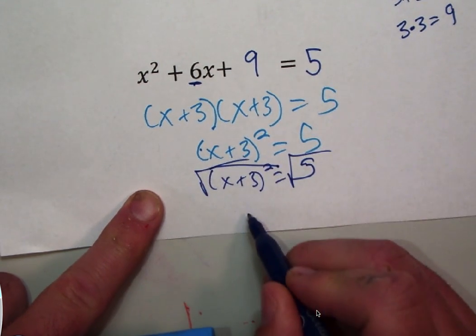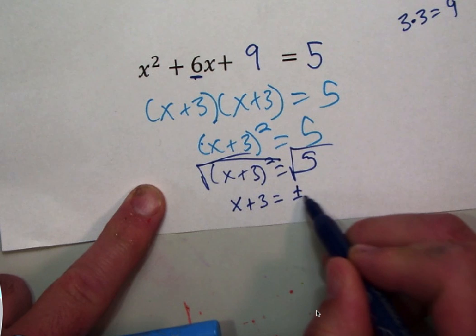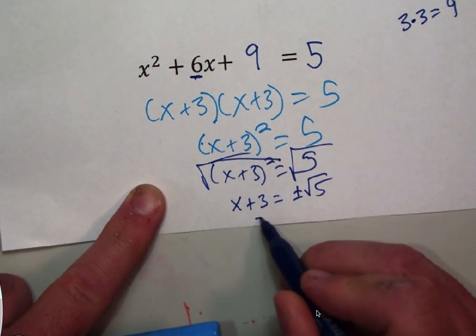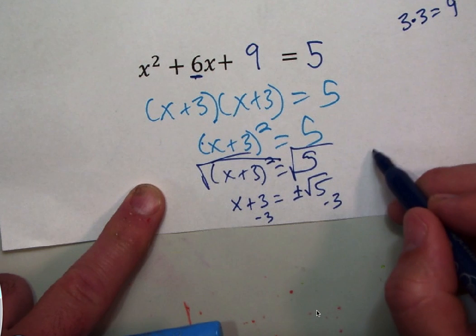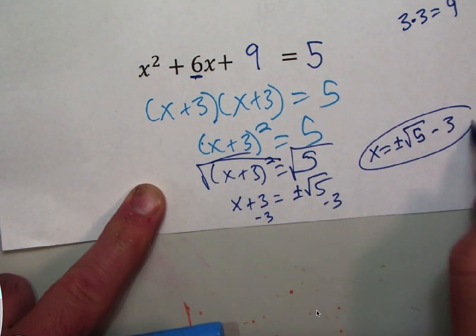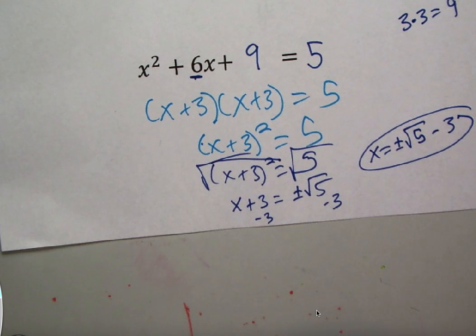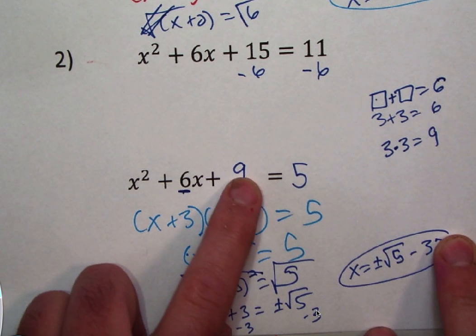Now we can write this as x plus 3 equals positive or negative square root of 5. And then take away 3 from both sides. So we get x equals positive or negative square root of 5 minus 3. Completed the square. So our big key is figuring out the correct c value.